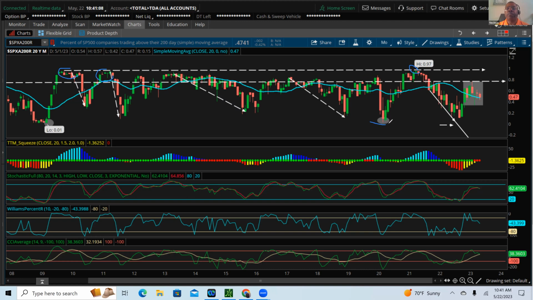The lower we go, the more impactful the reversal will be, as we saw in 2020, 2009, 2011, 2018, 2022, and it looks like we're about to reverse here again. So we have to see how far this overall sentiment changes and goes lower.